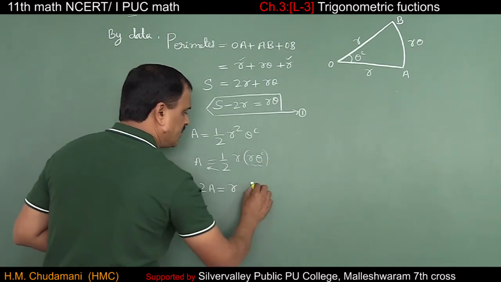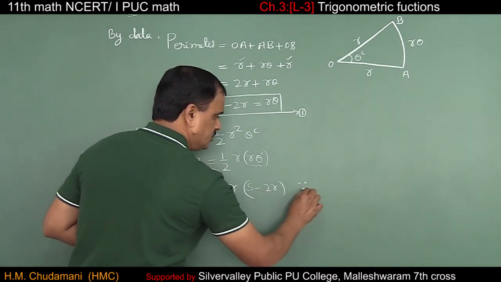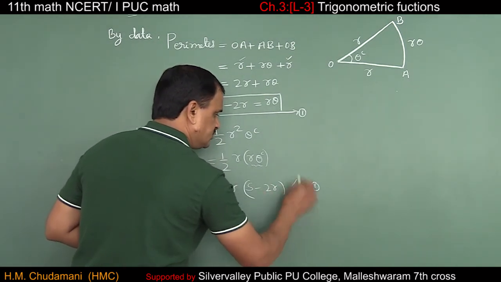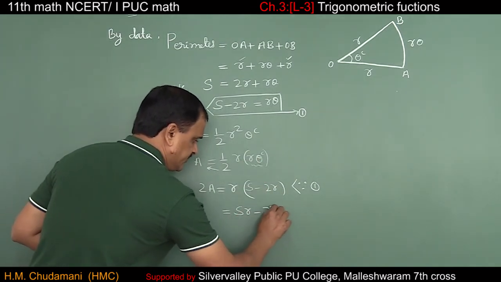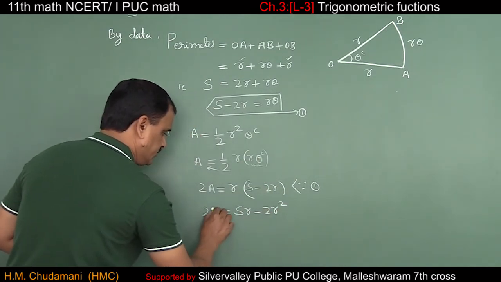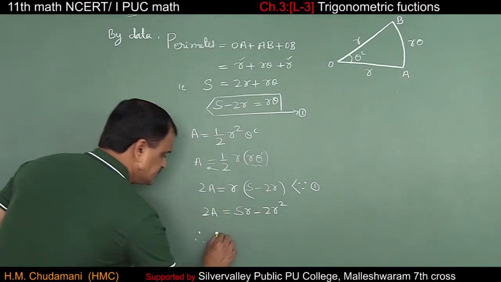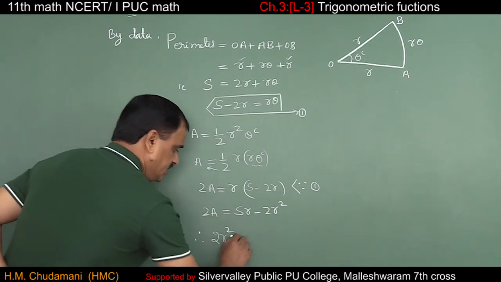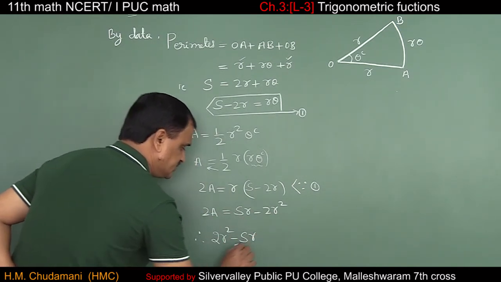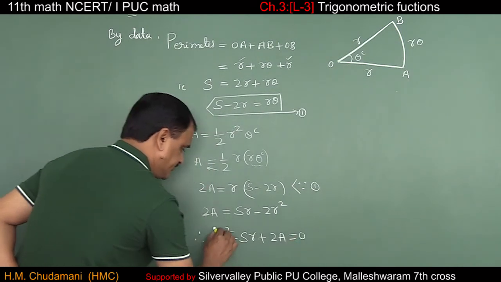In place of R theta, I'll write S minus 2R using equation 1. Multiply: S into R minus 2R square is equal to 2A. Shift those to the LHS: minus 2R square becomes plus 2R square, SR becomes minus SR, and 2A is there itself, equal to 0.